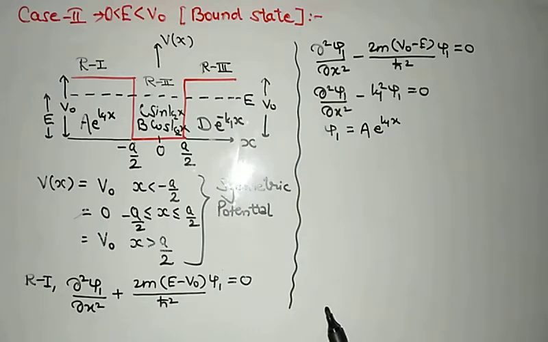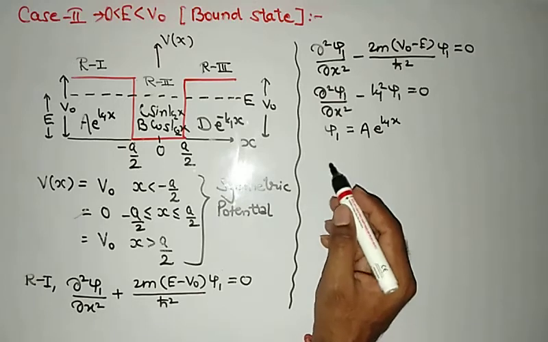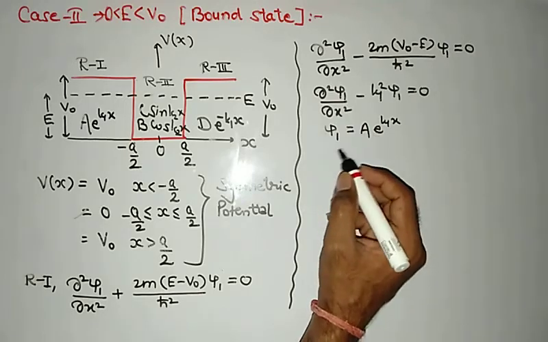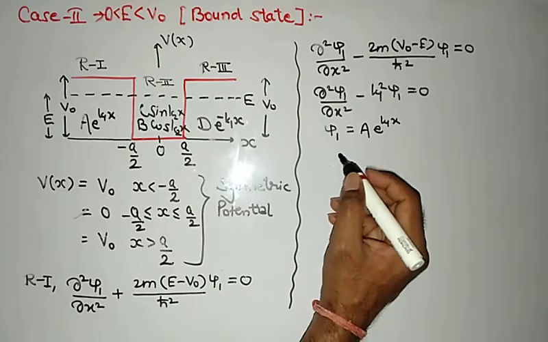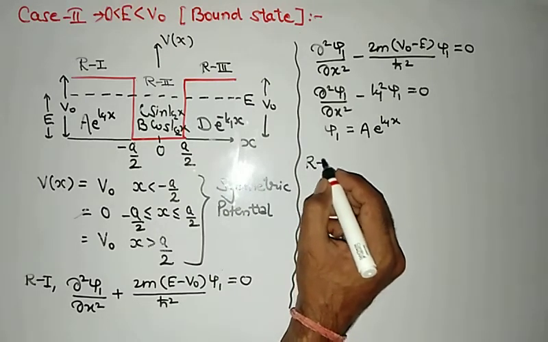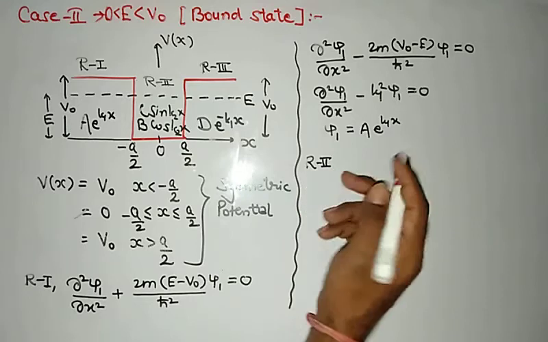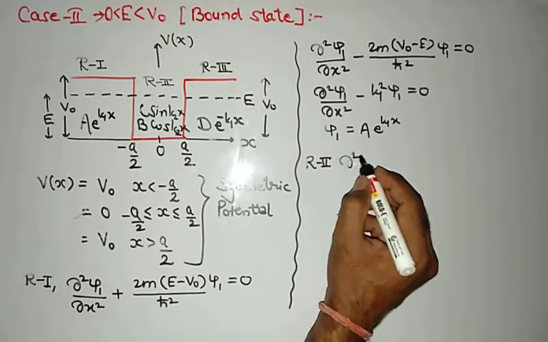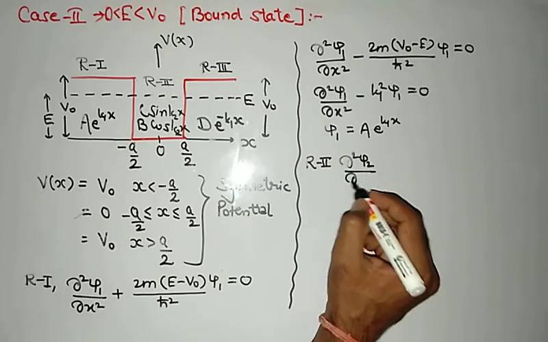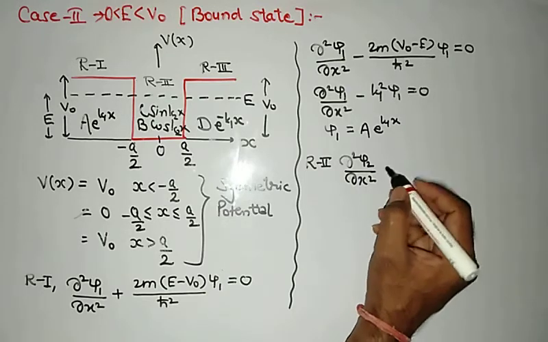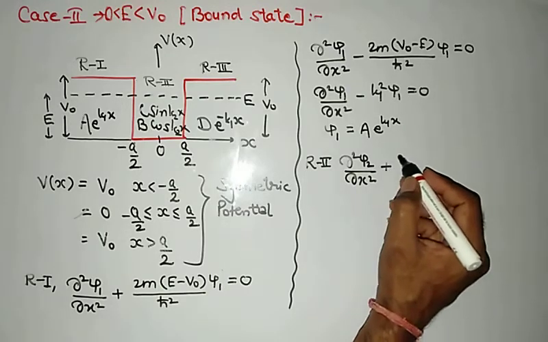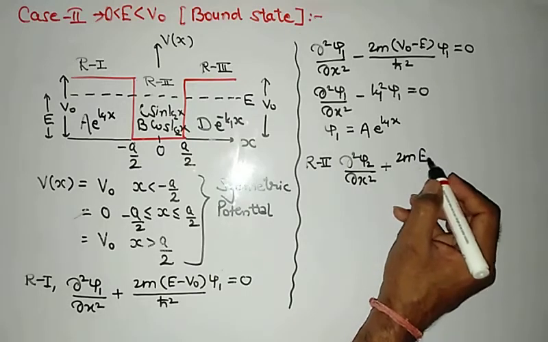Now for the second region, del square psi 2 upon del x square plus 2m (E minus V naught) upon h cut square psi 2 is equal to 0.